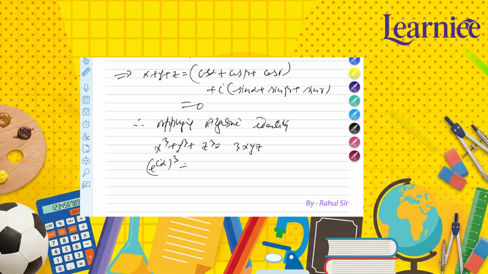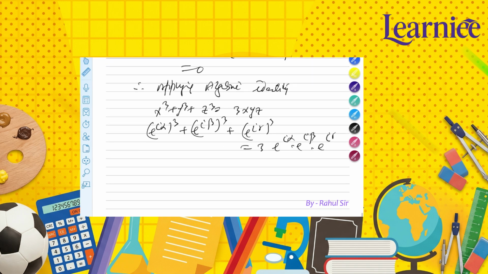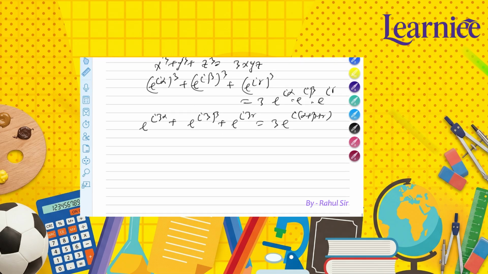So e to the power i alpha cube plus e to the power i beta cube plus e to the power i gamma cube, and the right hand side is 3 e to the power i alpha, e to the power i beta, e to the power i gamma. This is nothing but e to the power i 3 alpha plus e to the power i 3 beta plus e to the power i 3 gamma, and the right hand side is 3 e to the power i alpha plus beta plus gamma.